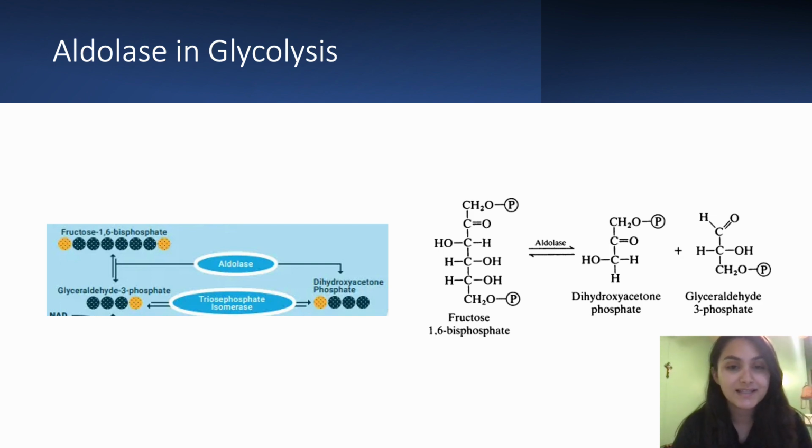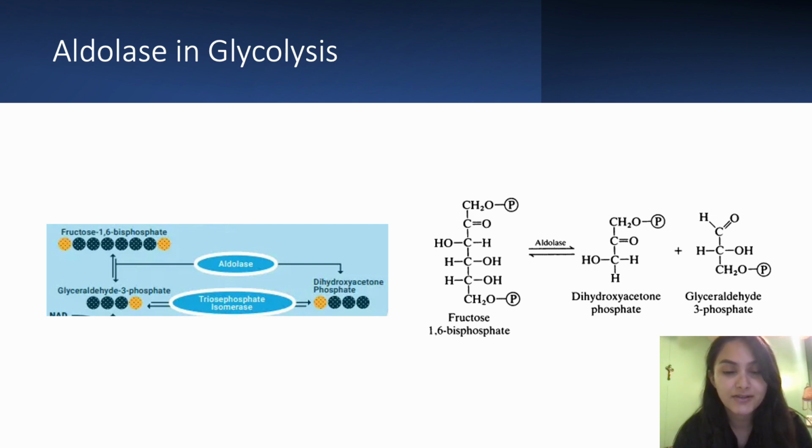So aldolase is an enzyme that catalyzes the reversible cleavage of fructose 1,6-biphosphate, a 6-carbon molecule, into 3-carbon molecules, which are G3P and DHAP. G3P is glyceraldehyde 3-phosphate, and DHAP is dihydroxyacetone phosphate.